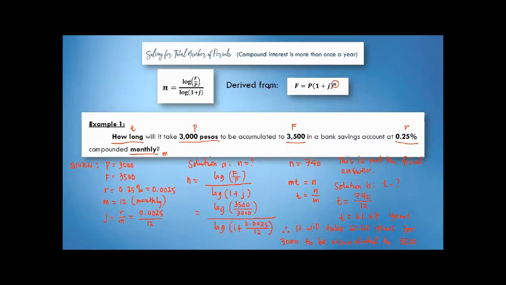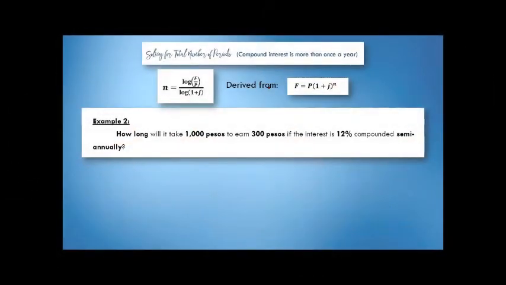So this is example number 1 of using our formula for n and to compute for the time involved. So let's have another example for this topic, computation of total number of periods and the time in years. Example number 2: how long will it take 1,000 pesos to earn 300 pesos if the interest is 12% compounded semi-annually?